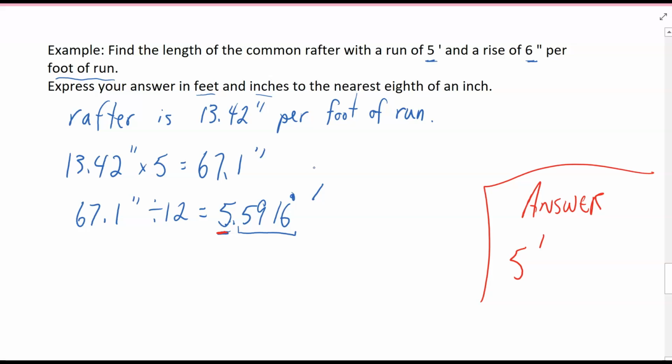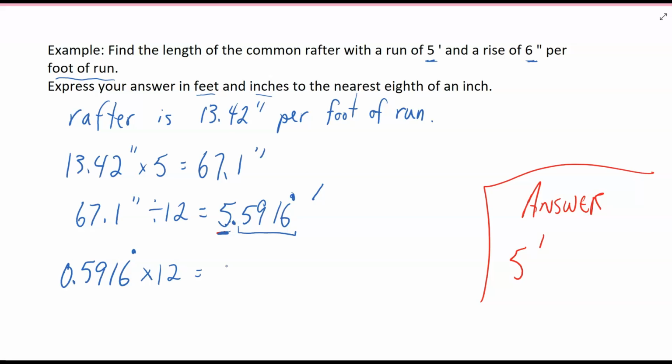We need to convert 0.5916 feet into inches, okay? 0.5916 repeated times 12. Now, if you did this on the calculator along with me, you notice that you had 0.5916666666, and it would go 6 forever. Eventually, the calculator rounds it and puts a 7 on there.